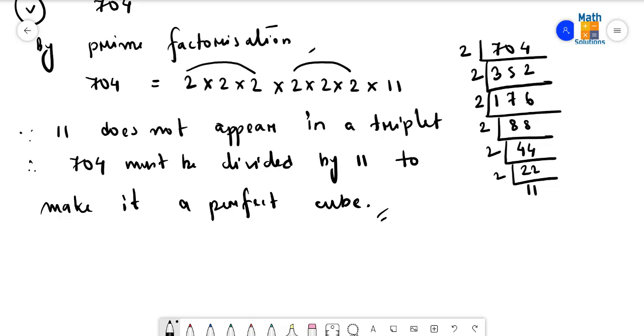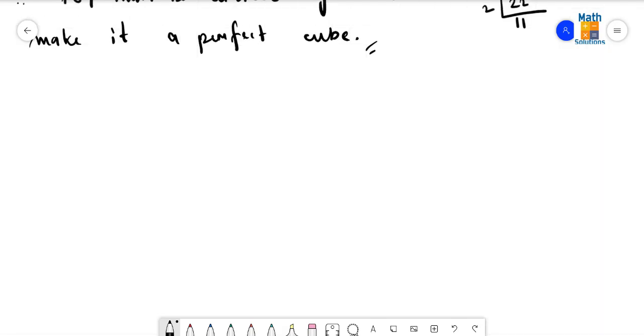Then the last question of this exercise, we shall come to question number 4. So here is question number 4, the last question of this exercise. What it says, what is given?